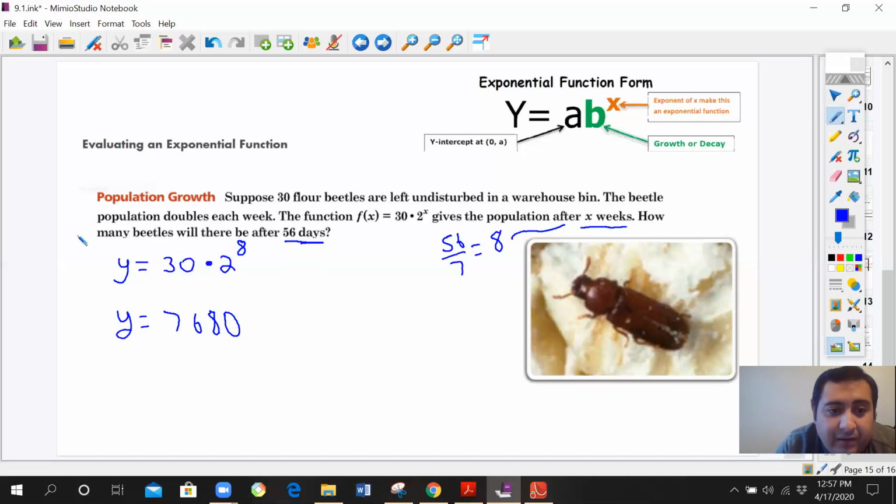So that's how many beetles we get, 7,680 beetles within 56 days.